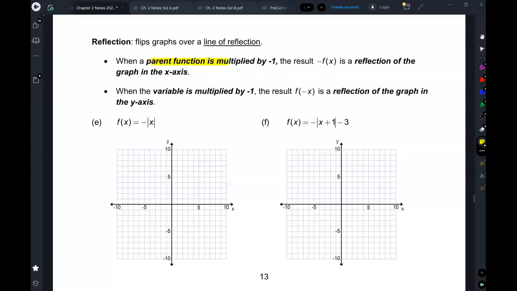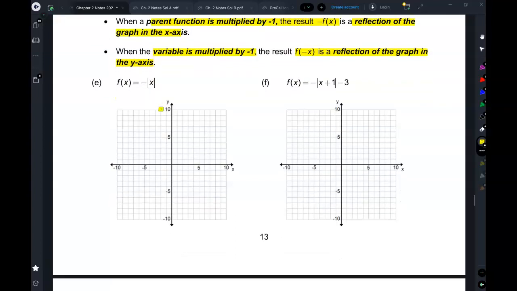When a parent function is multiplied by -1 and I get negative f of x, then I have a reflection of the graph in the x-axis or around the x-axis. When the variable is multiplied by -1 and I get f of negative x, then I have a reflection around the y-axis.